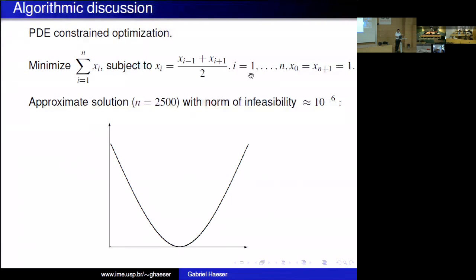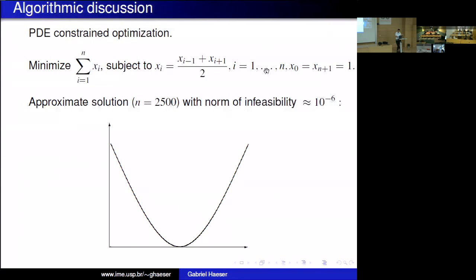You have n nodes, the boundary condition x0 on the function, and x_{n+1} equal to 1, and this is how your PDE says that this should evolve: every xi is the average of its neighbors. The solution here, of course, is the constant vector xi equal to 1.